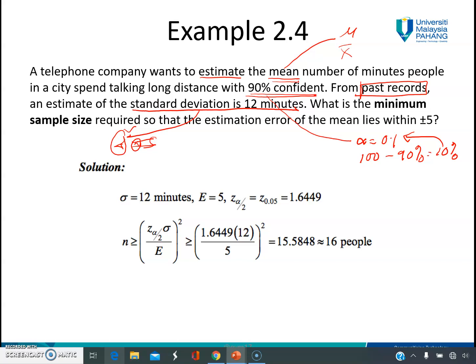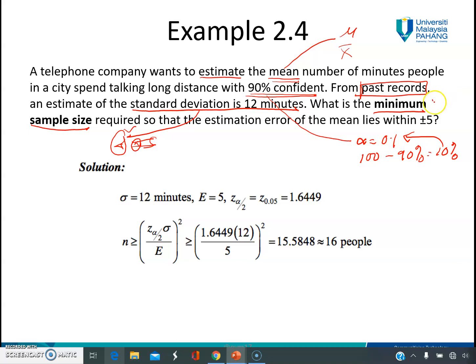And then the question: what is the minimum sample size required so that the estimation error of the mean lies within plus minus 5? So if you look at the question, they ask what? Calculate minimum sample size. So minimum should be the smallest.